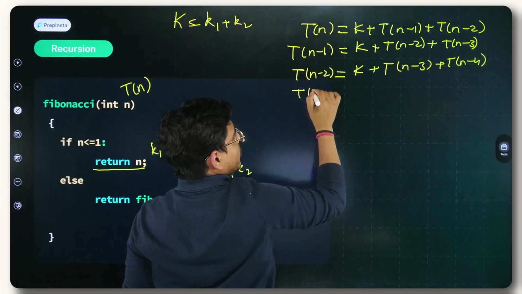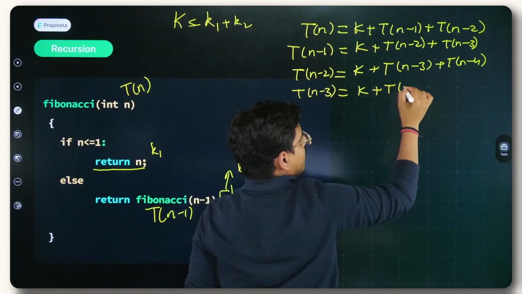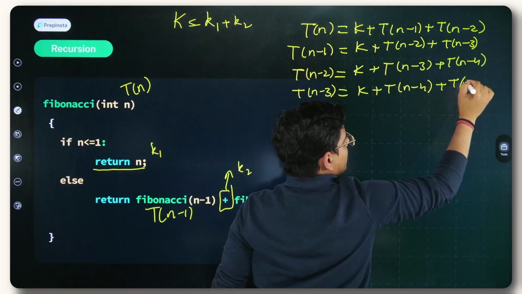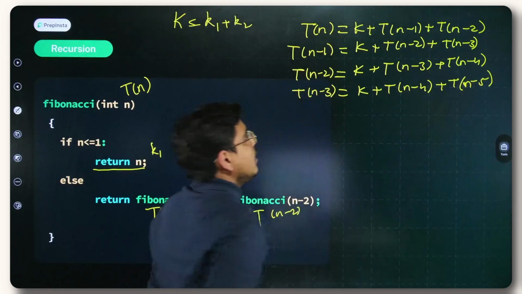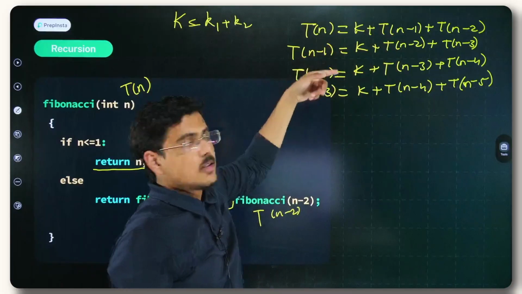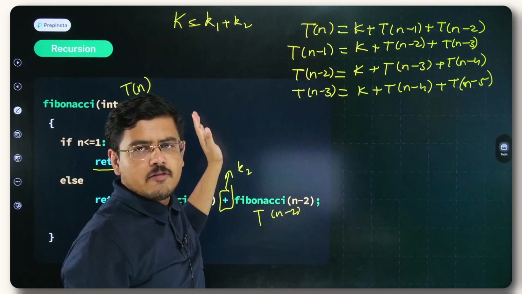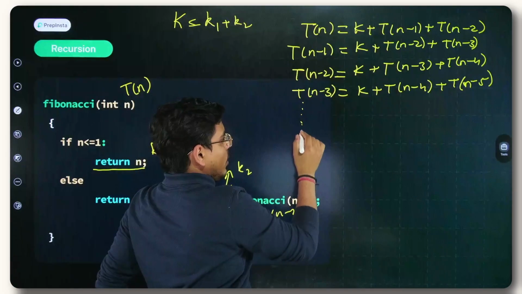If we compute T of n minus 3, what we get is K plus T of n minus 4 plus T of n minus 5. How are we getting this? Using this particular recurrence relation, we are substituting every time, just as we did in the factorial example. Okay. So if it goes on, it would go like this.